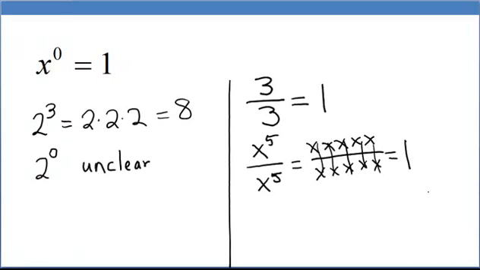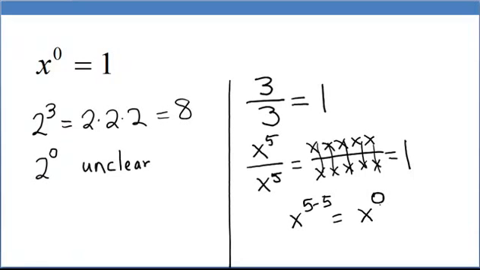Now, if we tried our previous exponent rule for like bases as a fraction or a quotient, the rule was keep the base and subtract the exponents. And so this is where this new piece is showing up, this x to the 0.